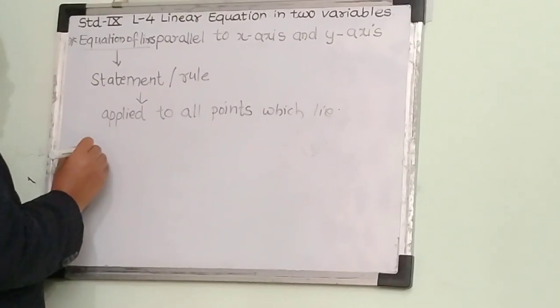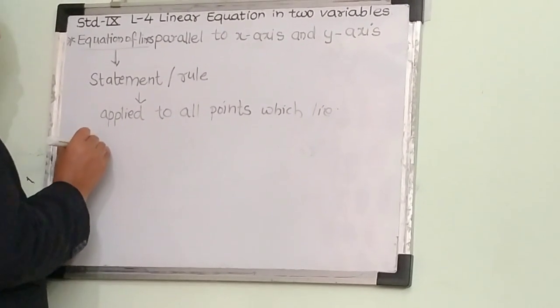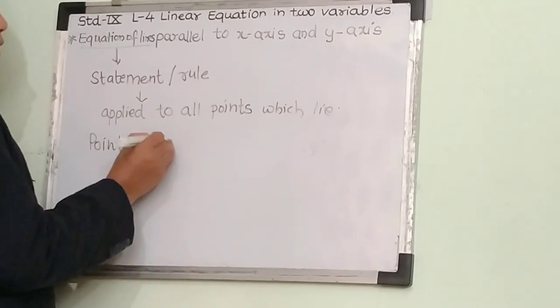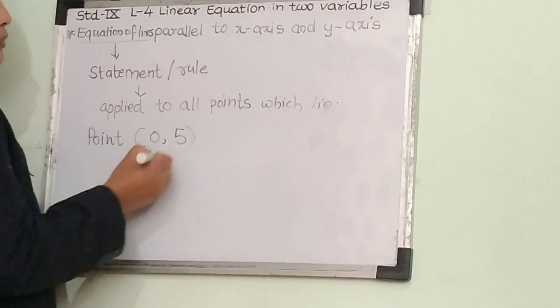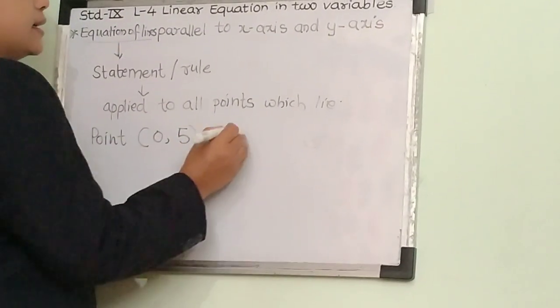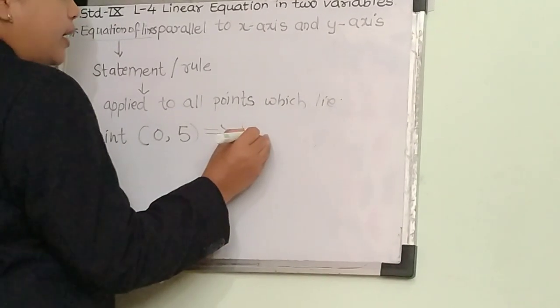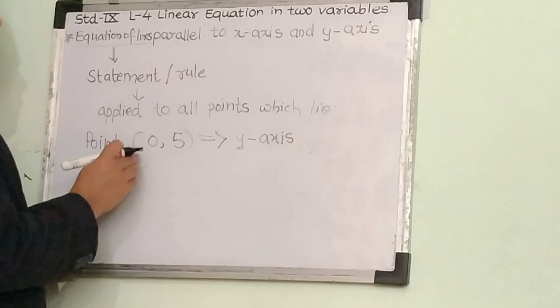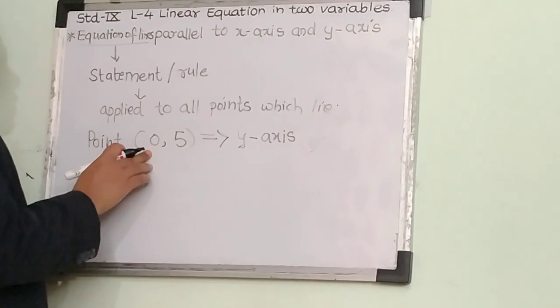Now we learn that the point, suppose if I write point 0, 5, then we can say that this point lies on the y-axis, because here the x coordinate is 0.